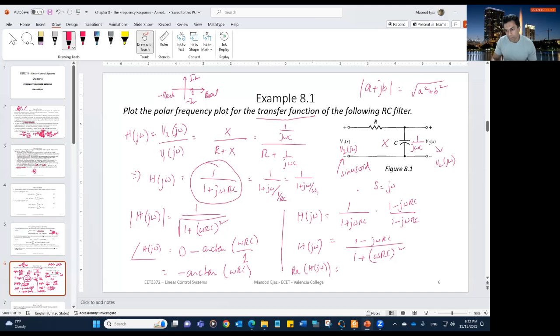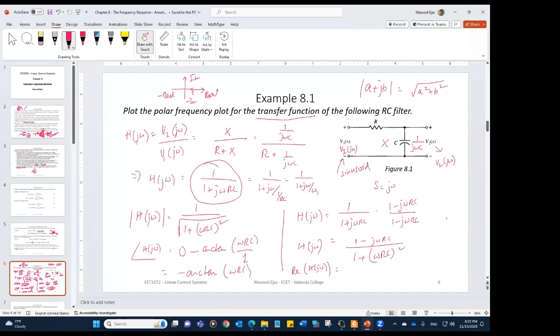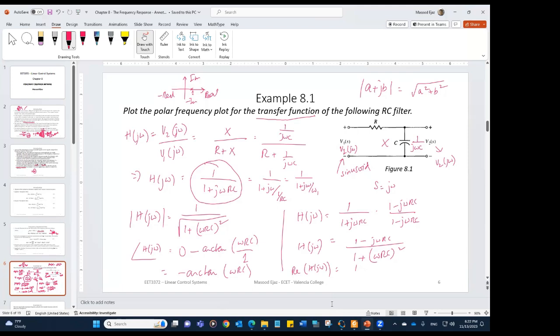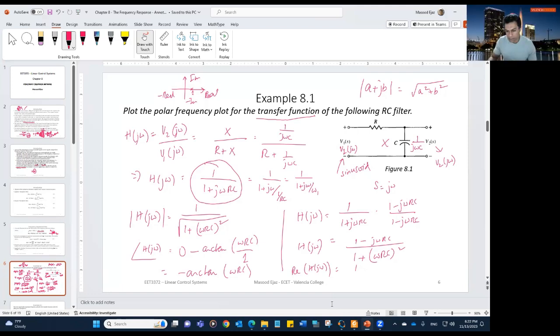What is A for this? It's 1. Yes, 1 what? It's going to be 1 plus omega RC?